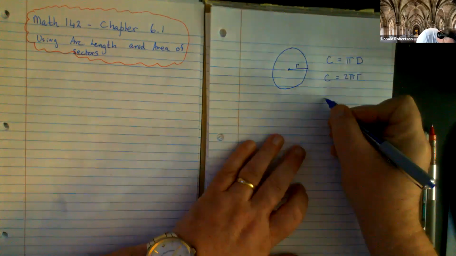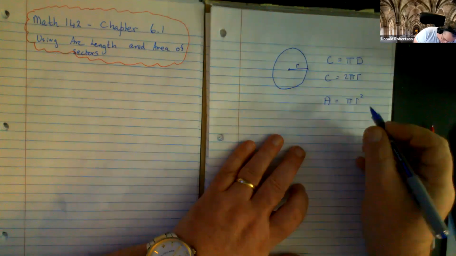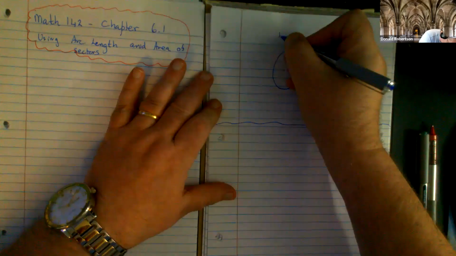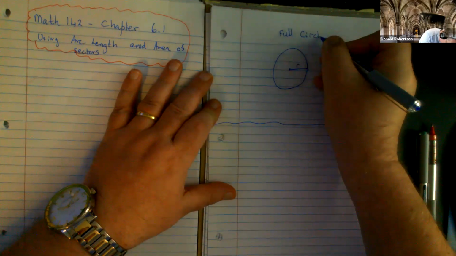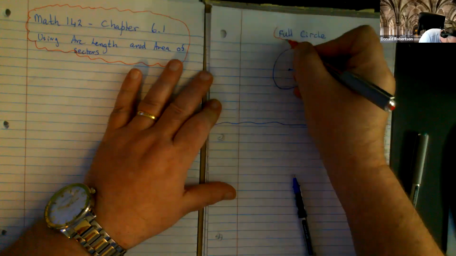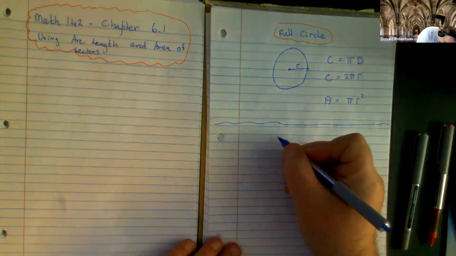Now, if you want to do the area of an entire circle, there's typically only just one formula. Well, that's what you would be doing if the question involved a complete, a full circle. But sometimes that's not what you get to deal with.